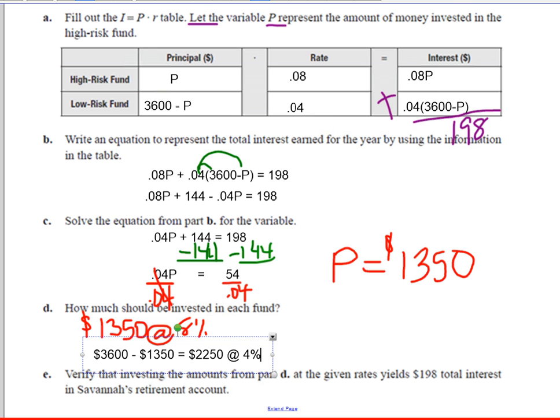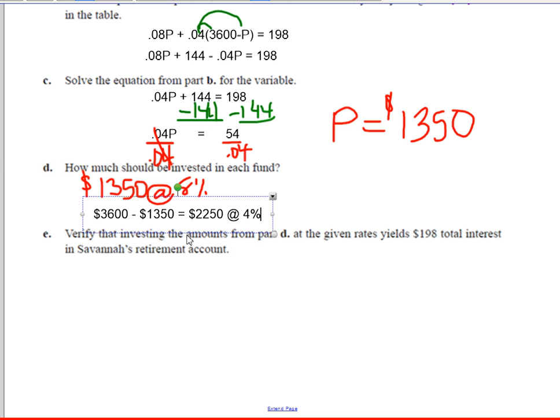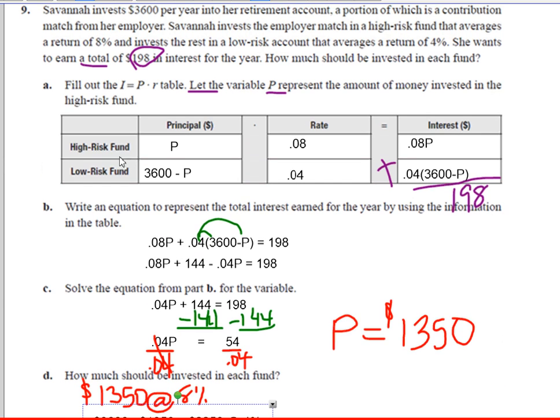Now it wants us to check our work to show that this is working for us. Verify that the investing amounts from Part D give you a total of 198. So we want to see what we get. So again, if we look at our chart, we have the interest equals principal times rate. Remember, the formula actually has times time, but we're looking at 1 year.